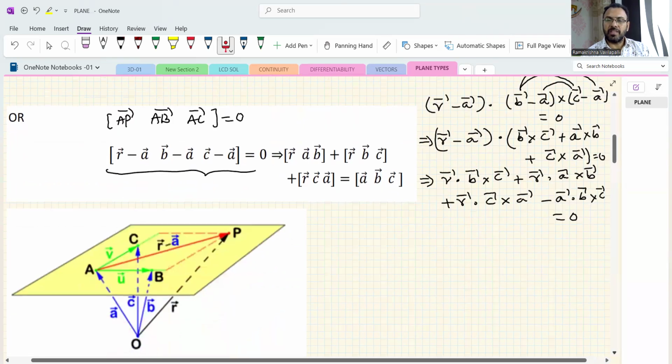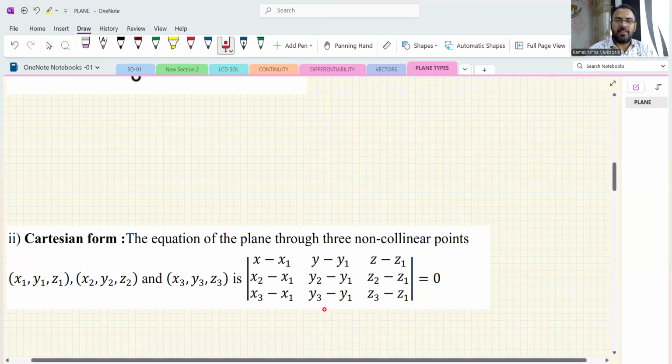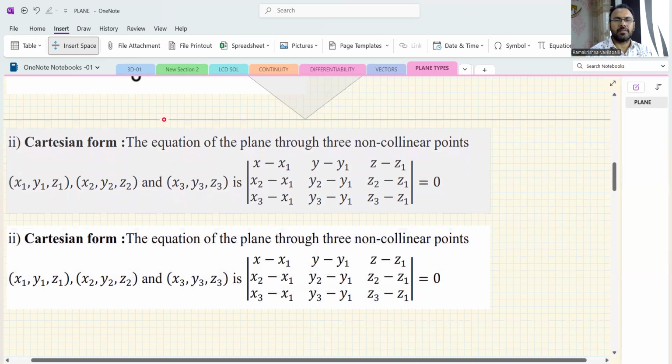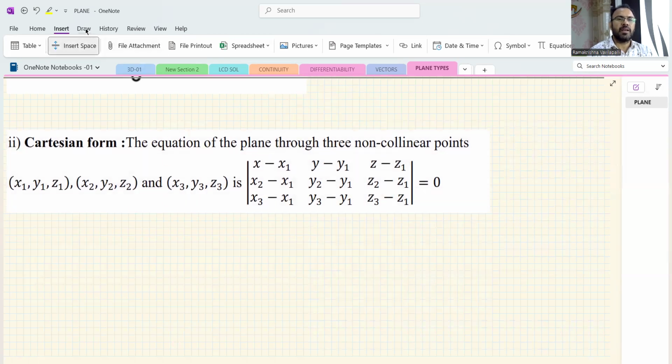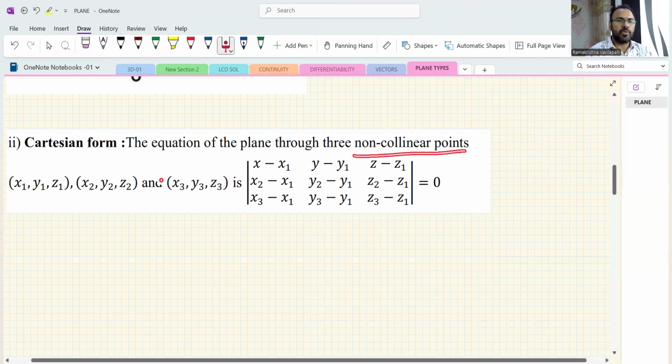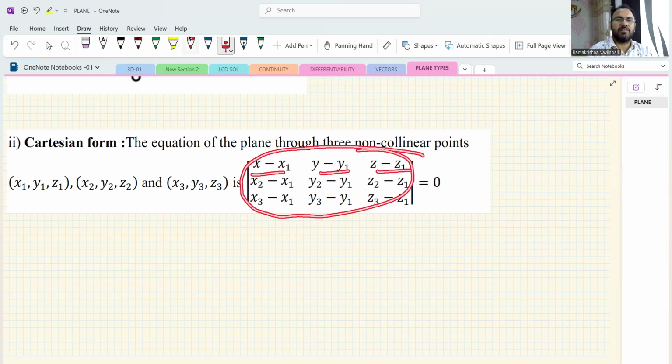With the help of these vectors, we can get the equation of a plane passing through 3 non-collinear points x1, y1, z1, x2, y2, z2, and x3, y3, z3. It is a determinant of x minus x1, y minus y1, z minus z1. I'll explain.